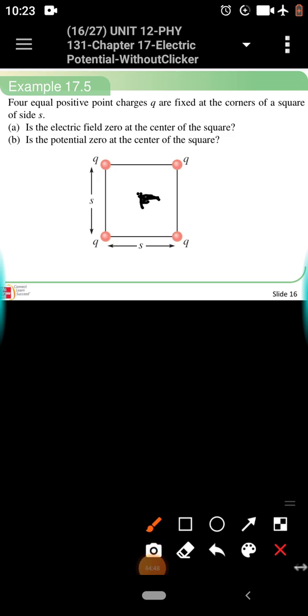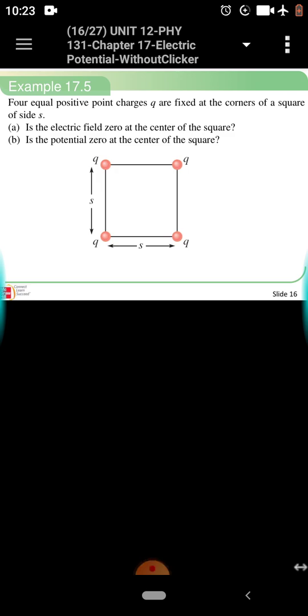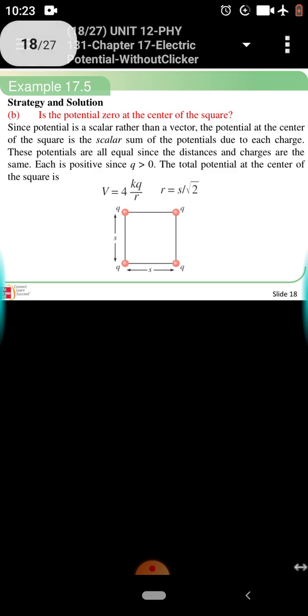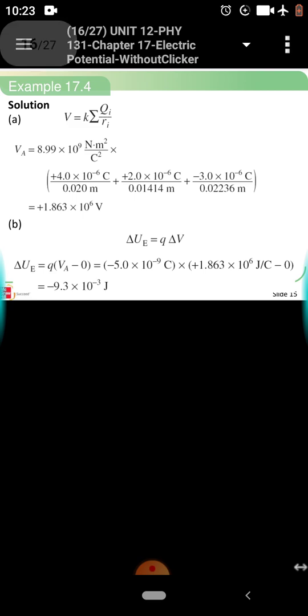Remember how we calculate potential. We use this formula. I hope you'll read around it, but I think here it's obvious that the electric field is zero. So now let's talk about the potential. What is the formula for potential? Okay, this is the formula.